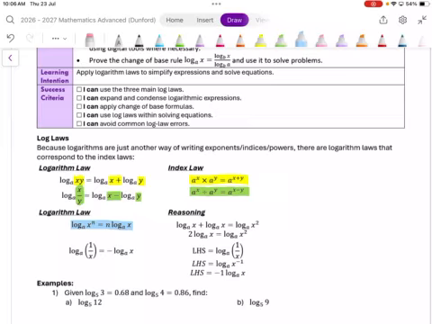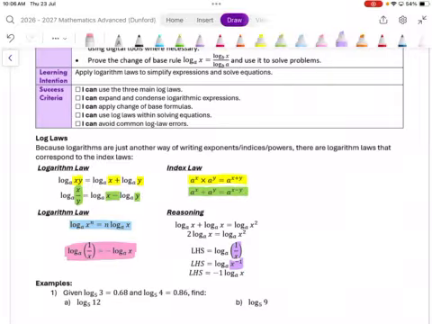Our last log law is when we have log base A of 1 divided by x, it equals negative log base A of x. So with this log law, what we have is log base A of 1 over x. Another way of writing 1 over x is x to the power of negative 1, from our index laws.